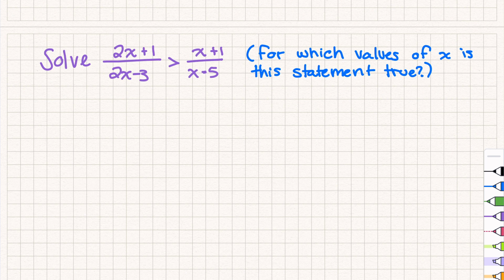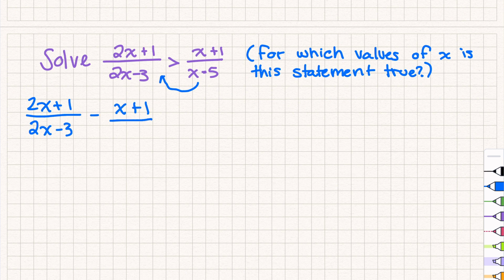So we're going to take (2x plus 1) over (2x minus 3) and move this rational expression over. So it's minus (x plus 1) over (x minus 5), and that is greater than 0.